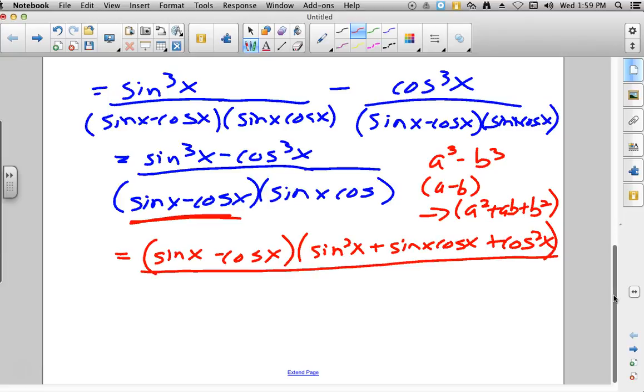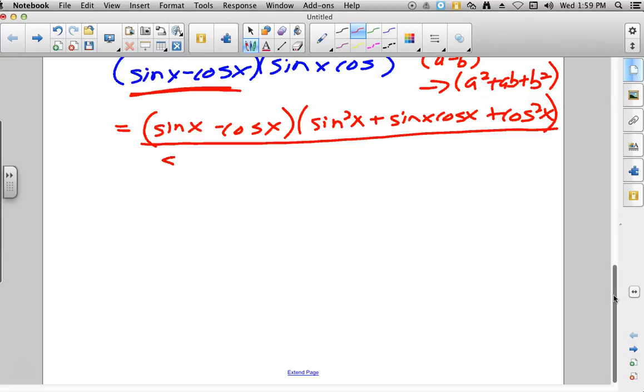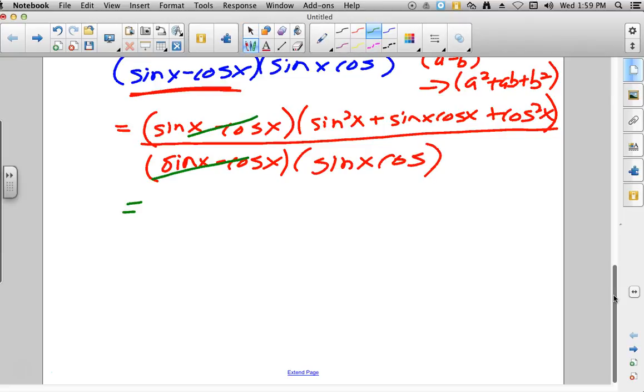So one good thing just happened. We're going to have sine of x minus cosine of x be cancelable. We will be able to cancel that out. And that will finally mean that we have the denominator that we needed to make this a match.